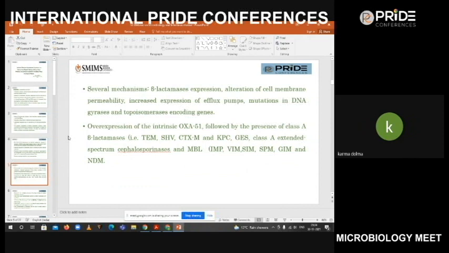Okay, and there is also another group, the class A beta lactamases like TEM, SHV, CTX-M, KPC, and we also have the metallo-beta-lactamases, the MBL, like your IMP, VIM, SPM, and the NDM, New Delhi metallo-beta-lactamase.